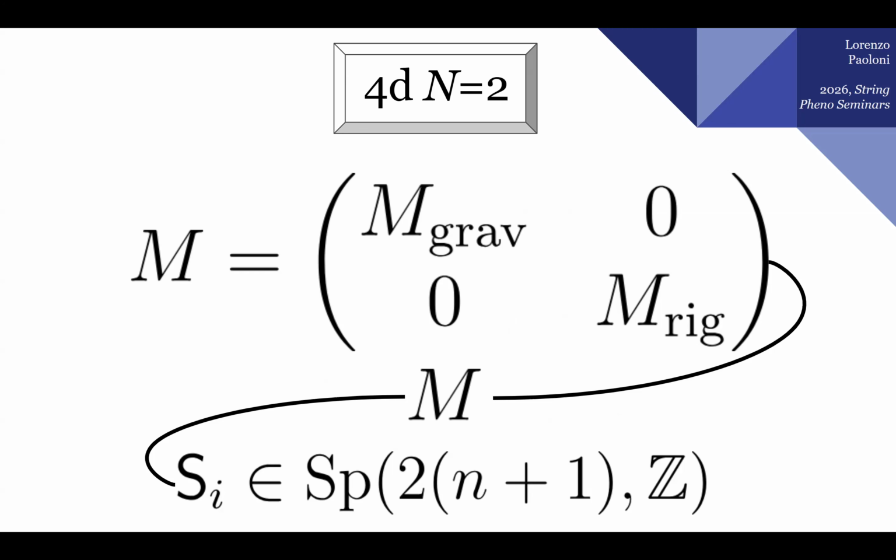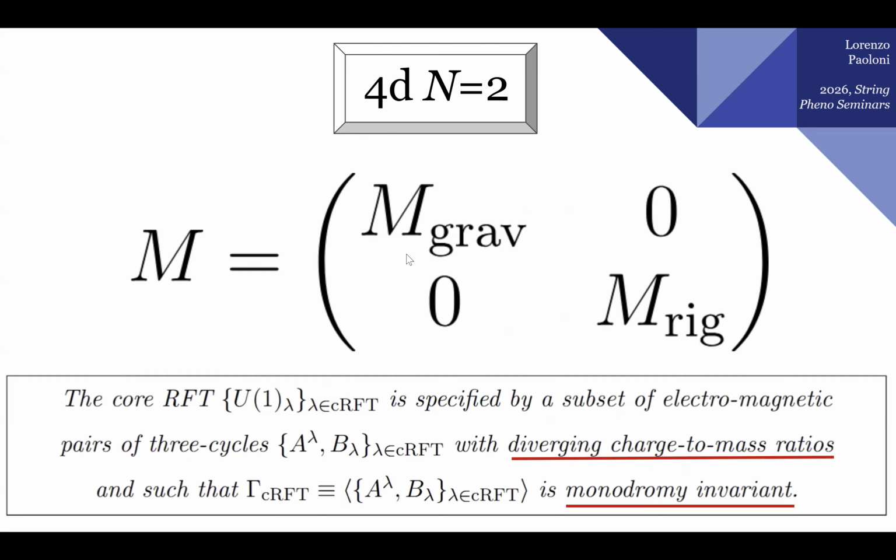This is because the decoupled theory should have its own closed monodromy group. So this factorization condition and the divergence of charge to mass ratio, we believe, are necessary to claim full decoupling. And for this reason, we named as core rigid field theory the subset of electromagnetic pairs of 3-cycles with divergent charge to mass ratio that are also closed under the action of the monodromy group.